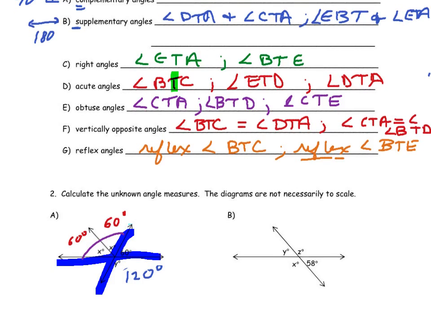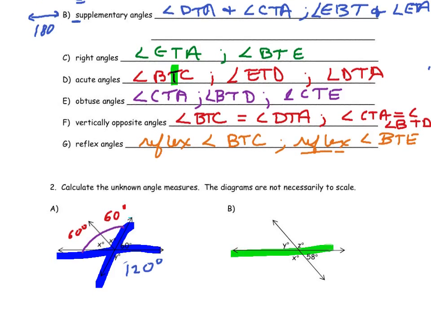If we look at the diagram for B, we have two straight lines that intersect at a common point. So to find the missing angles in this diagram, you just need to use some basic math skills. So 58 from 180 would give you Z of 122 degrees.